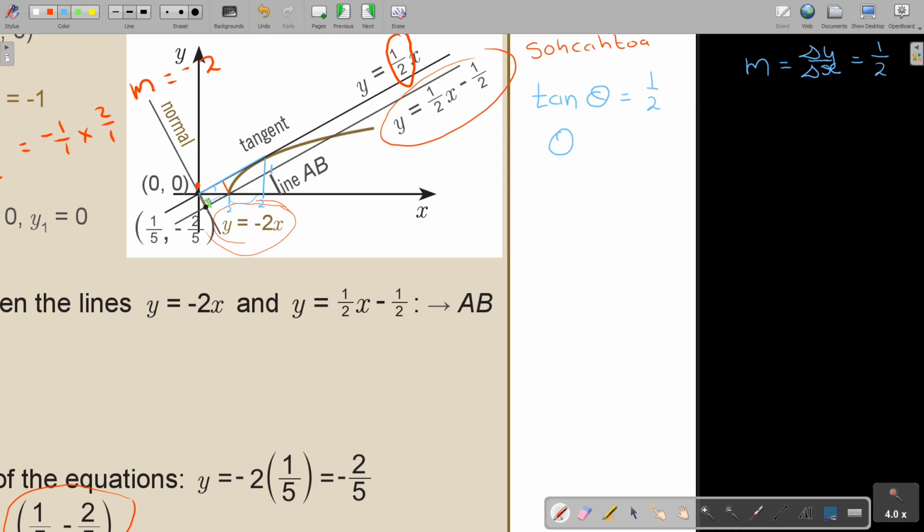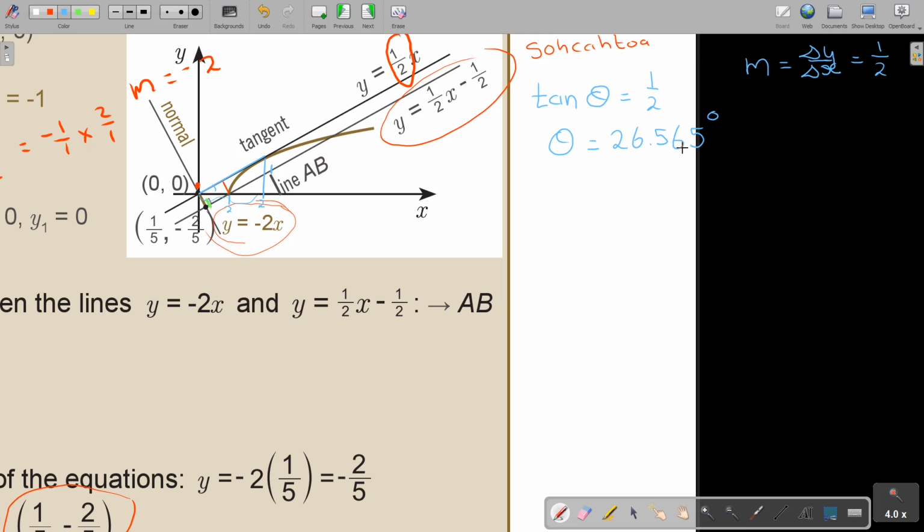Theta will be, press on your calculator, shift tan, bracket 1 divide 2 close the bracket, equals. I'm going to keep it to quite a few decimal places: 26.565 degrees. I think that will be enough to make the final answer to 3 significant figures.